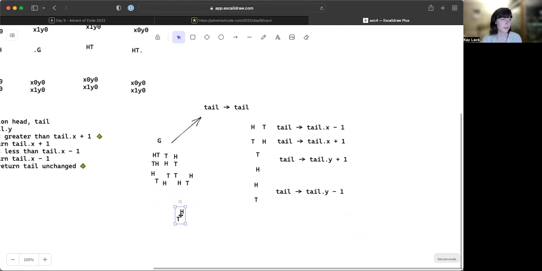And then we've got this situation. We've got this situation. We've got the reversed.